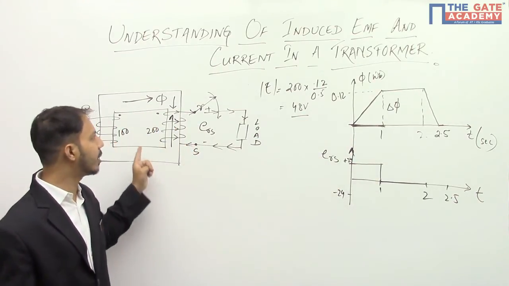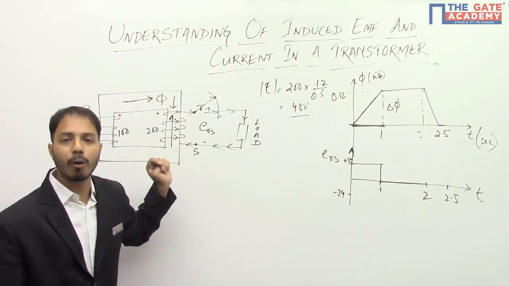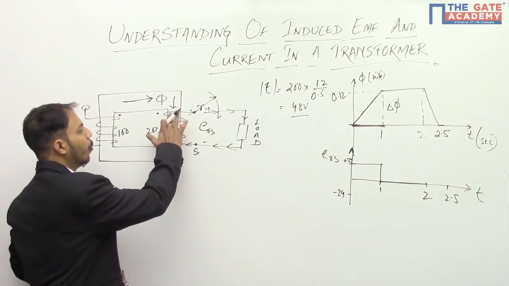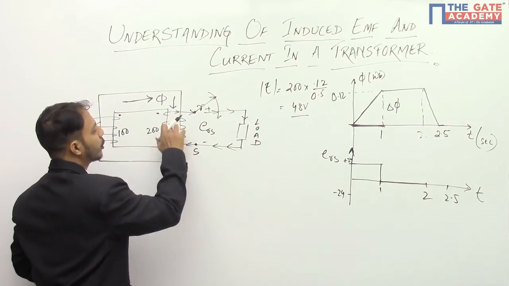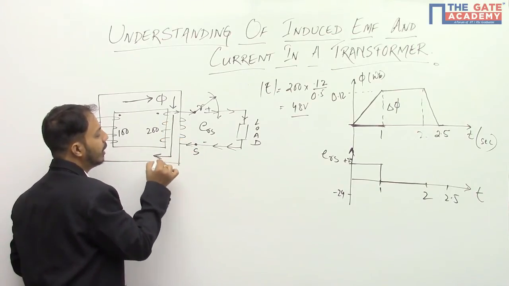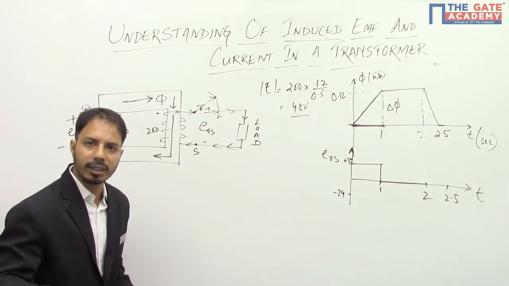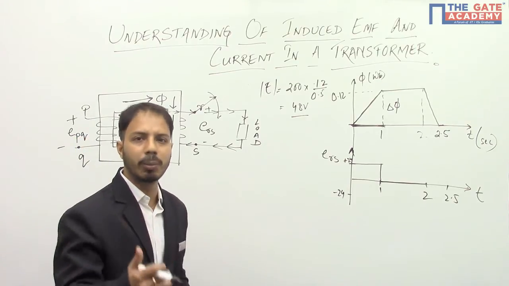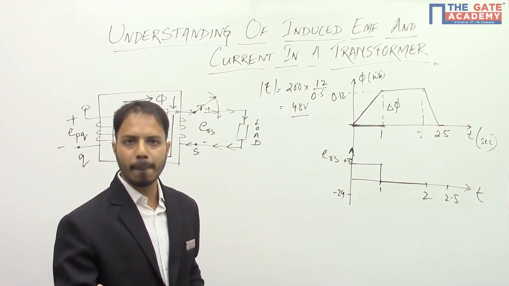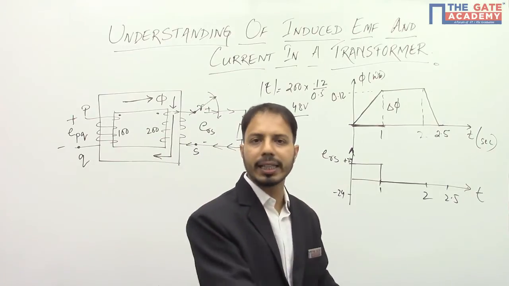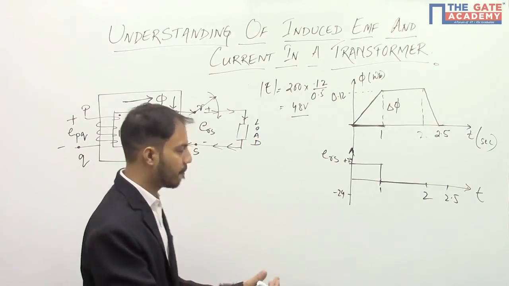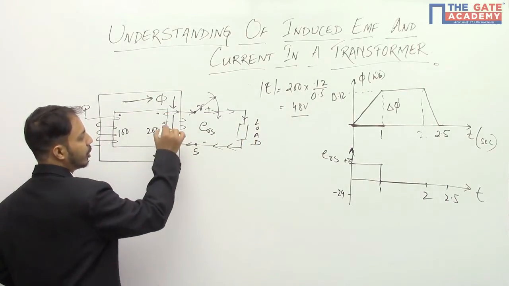That means it will not let the primary decrease. How will that happen? It will happen when the flux will try to increase the primary flux. Secondary flux will try to oppose the decrement. How will it oppose the decrement? By flowing in the same direction as the primary. Very simple. So primary is flowing in this way.